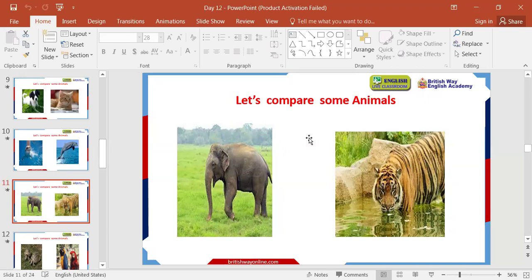Elephants live longer than tigers. Elephants are taller than tigers. Tigers are more aggressive and active than elephants. Elephants are stronger than tigers.